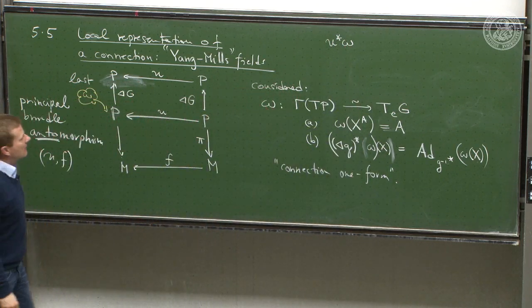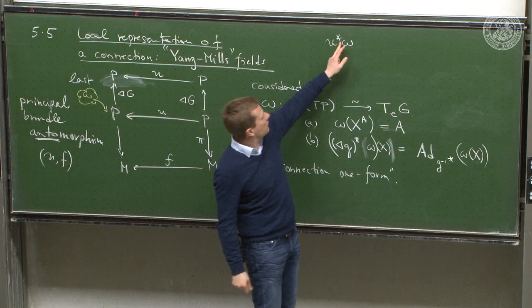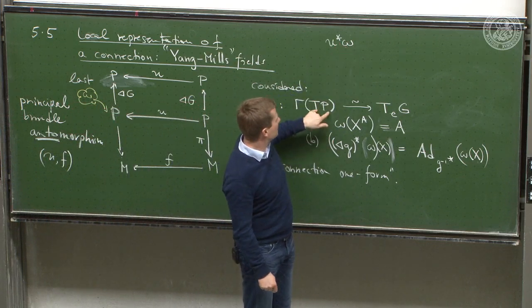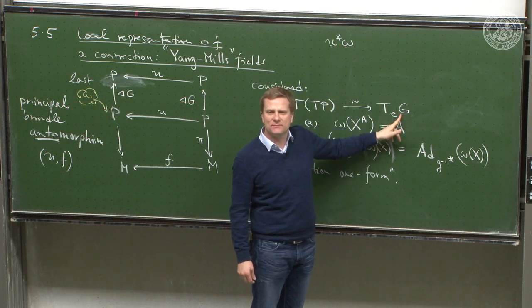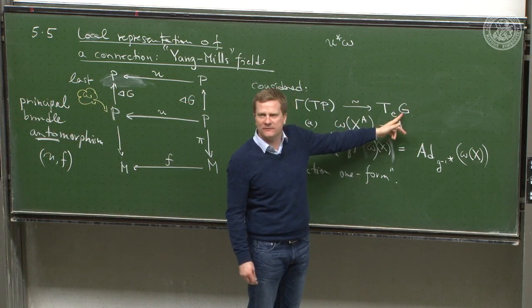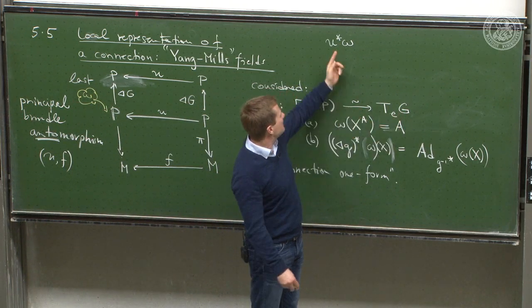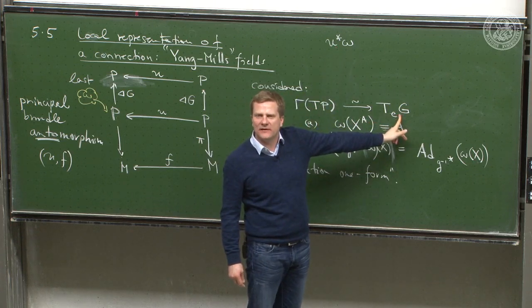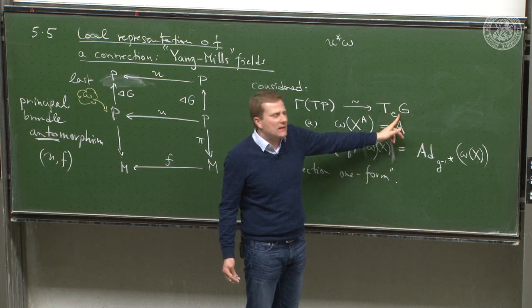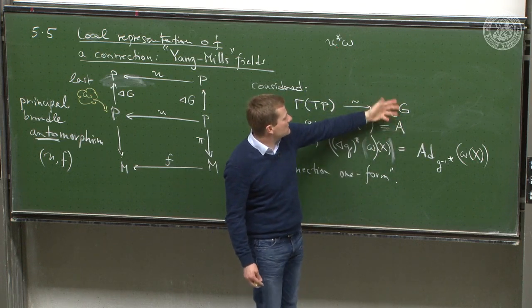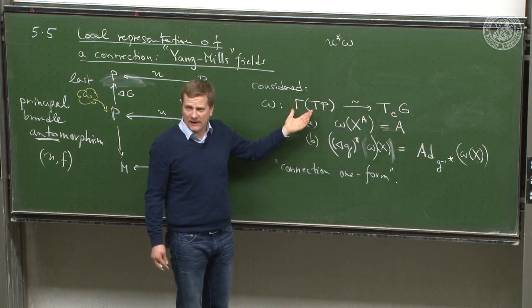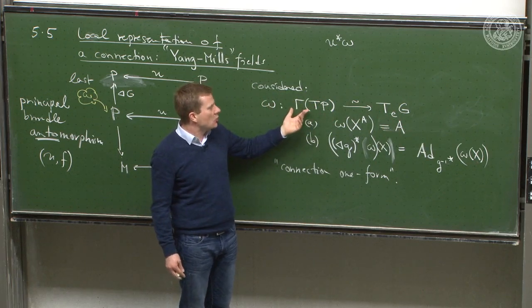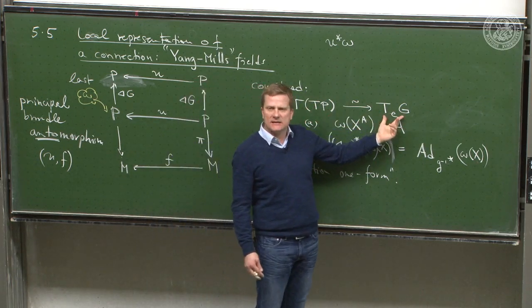Okay. But now the point is we defined the pullback of a one form if the result was in C infinity of P, right? Or in the number field, if you work at a point. We didn't define this pullback if it's Lie algebra valued. So a worry could be, do all the things we define for one forms and we are heavily using, like pullbacks, do they generalize to this case?